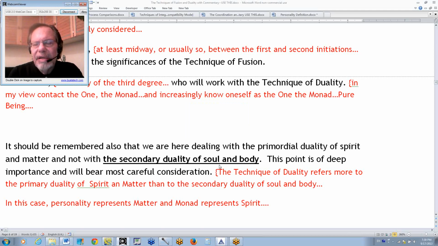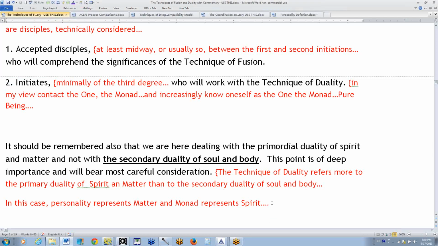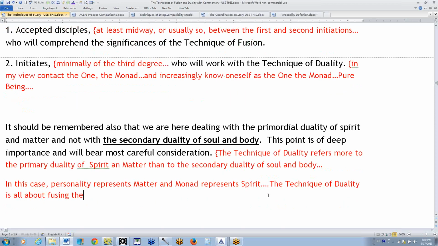We're moving into a state of identification, of unification, of transcending the habitually sustained ring-pass-not. These rings-pass-not are broken, and we're entering a much wider sense of pervasion and participation when we're going to use the technique of duality. The technique of duality is all about fusing the apparent dualities, the pairs of opposites, into one.